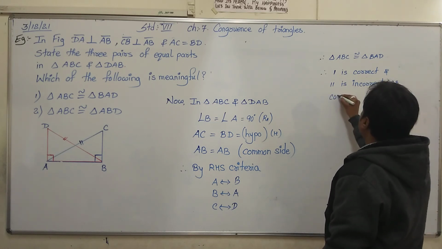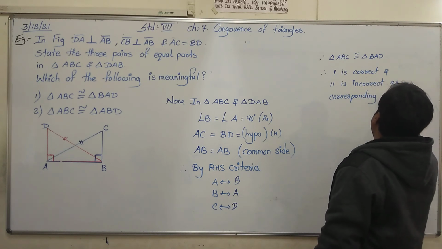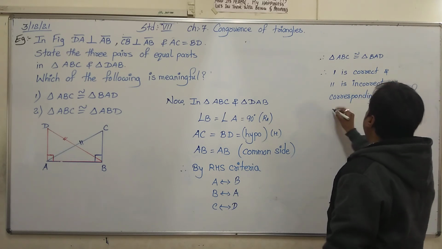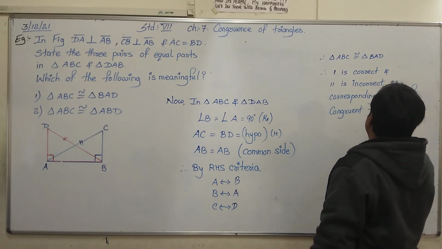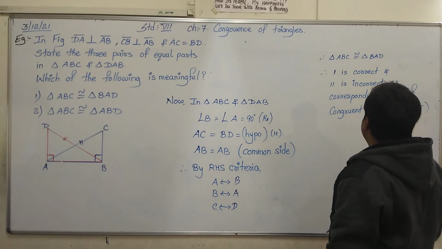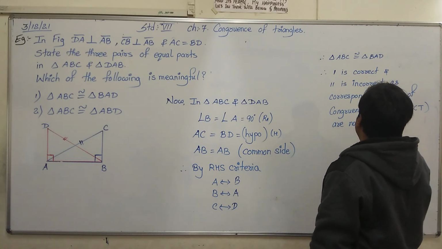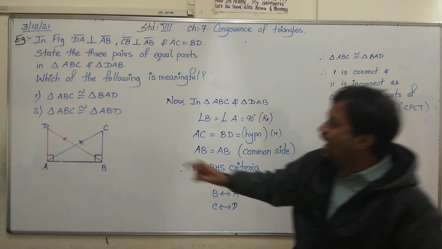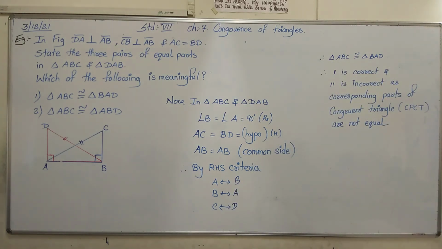As corresponding parts of congruent triangles are not equal. Corresponding parts in this case will not be equal. That's why they are not congruent. This is called CPCT. Remember this CPCT: corresponding parts of congruent triangles.